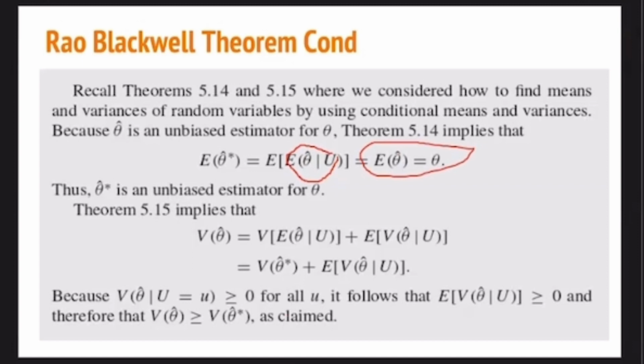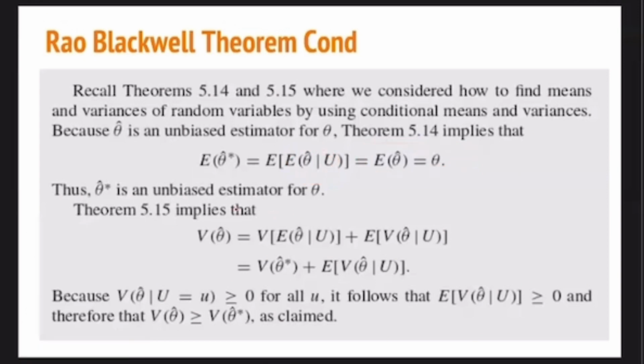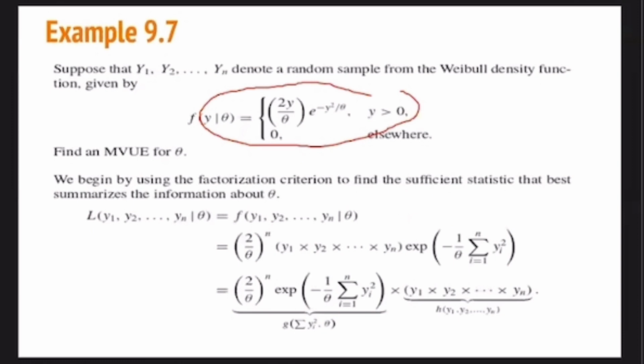Now, if you want to talk about the variance, if you go back to what you've done in 4101, for instance, the variance, give me 1 second, I'm going to look for a space.